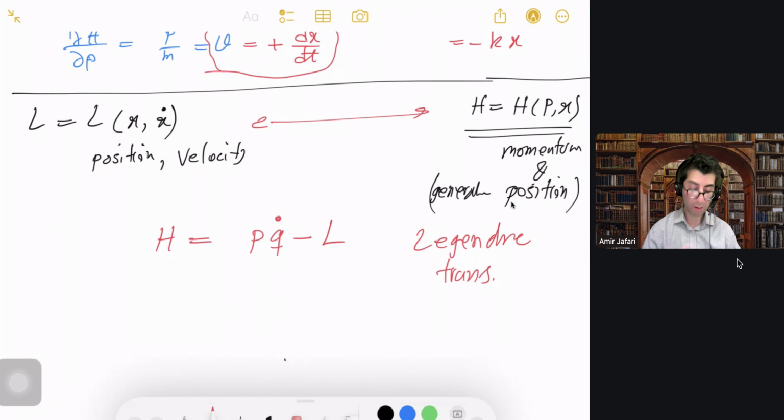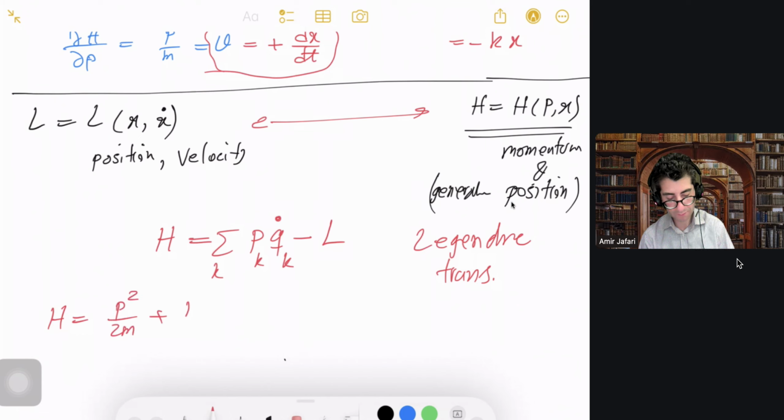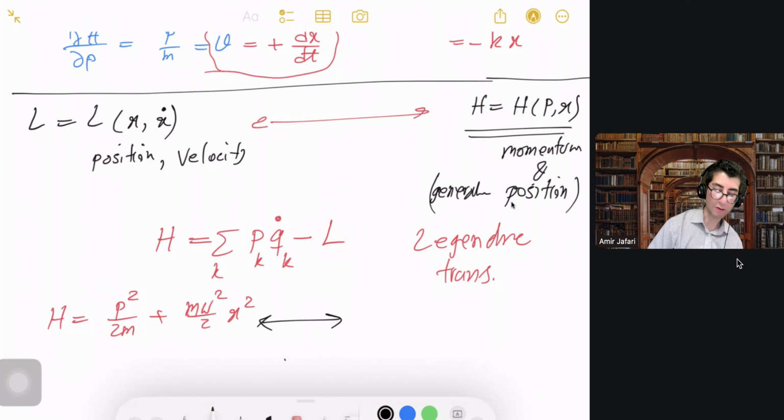If you have n particles, by the way, you're going to have some summation here. So for this Hamiltonian, if you know the energy of the system, the kinetic energy, P squared over m plus m omega squared x squared. For the Lagrange transform, again, if you're not comfortable with it, let me know in the comments and we'll talk about this in another lecture.